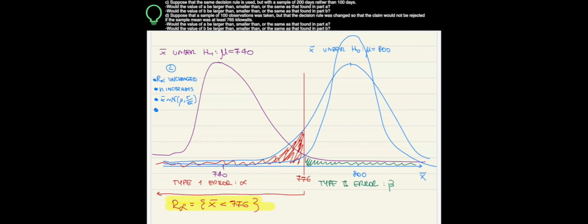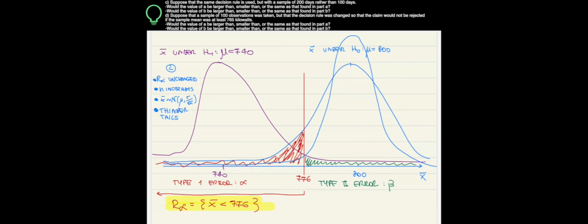And therefore this will lead to distributions with thinner tails. You can see that the tail here is thinner than the tail before, and therefore the type 1 error decreases. So this is the type 1 error now, which is much lower than the type 1 error before.